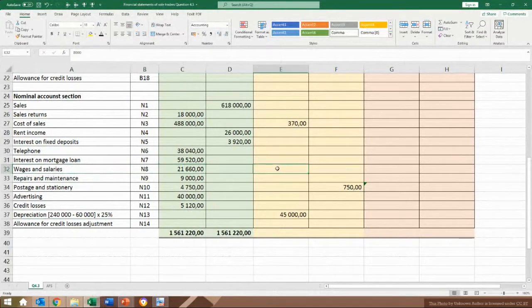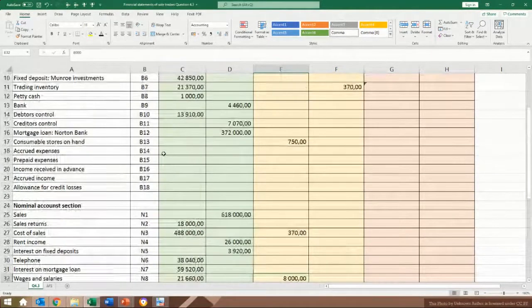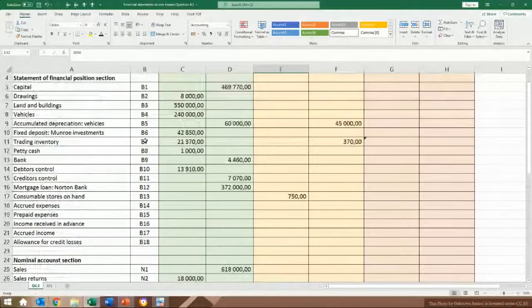Expenses is a debit balance, so to increase it, we're going to debit it with 8,000 Rand. Now, you won't see a salaries and wages account here at the top, so we will include it as accrued expense of 8,000 Rand because we've accrued it, or we're supposed to pay it, but we haven't actually paid it as yet, and we haven't captured it, so we're just accruing for that amount.